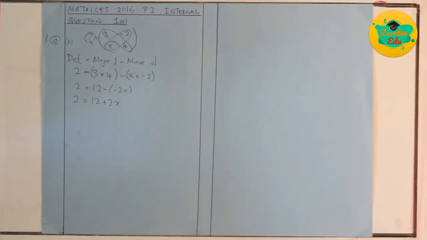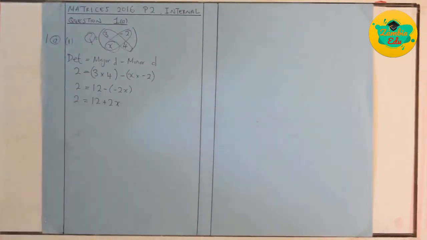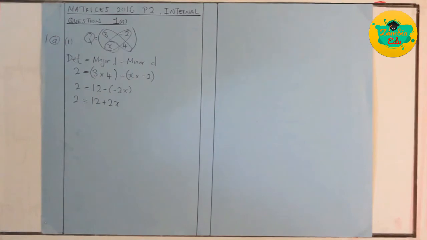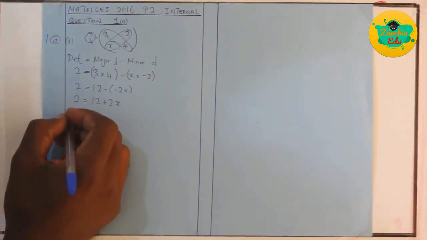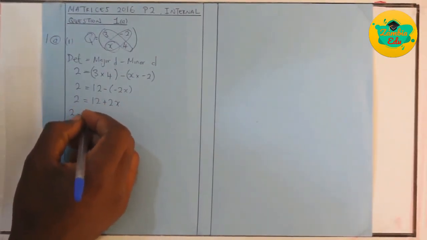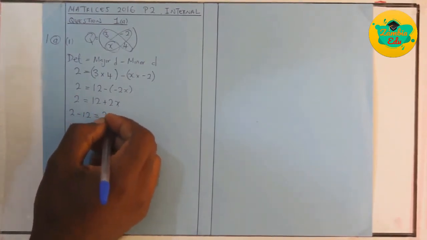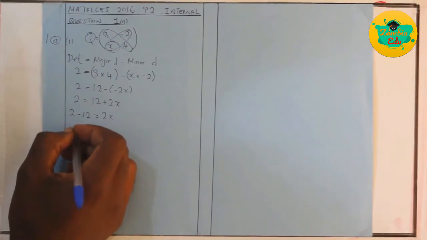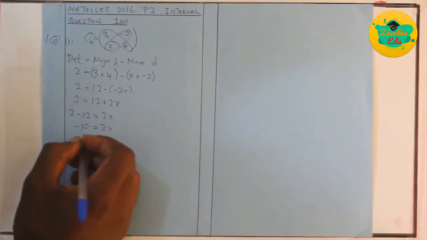Having done that, we now have to take the 12 to the other side. Why are we taking it to the other side? We're trying to group the like terms. So if we move it, we have 2 minus 12 being equal to 2x. That gives us negative 10 being equal to 2x.